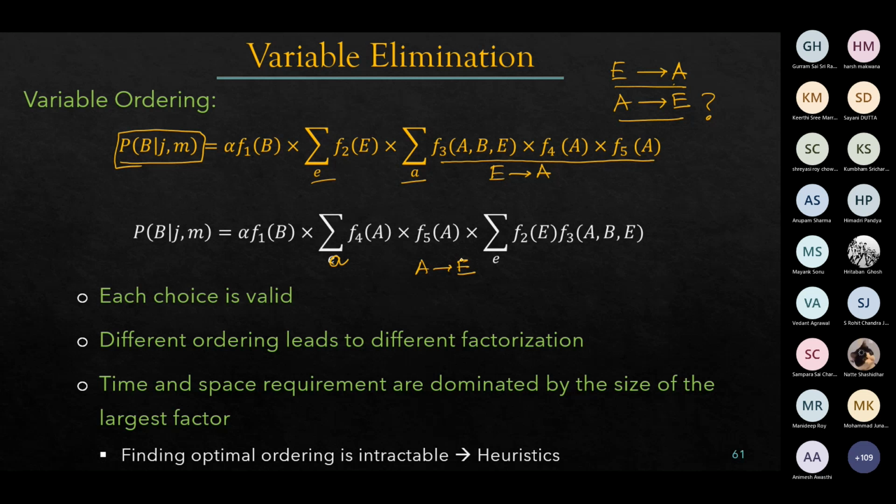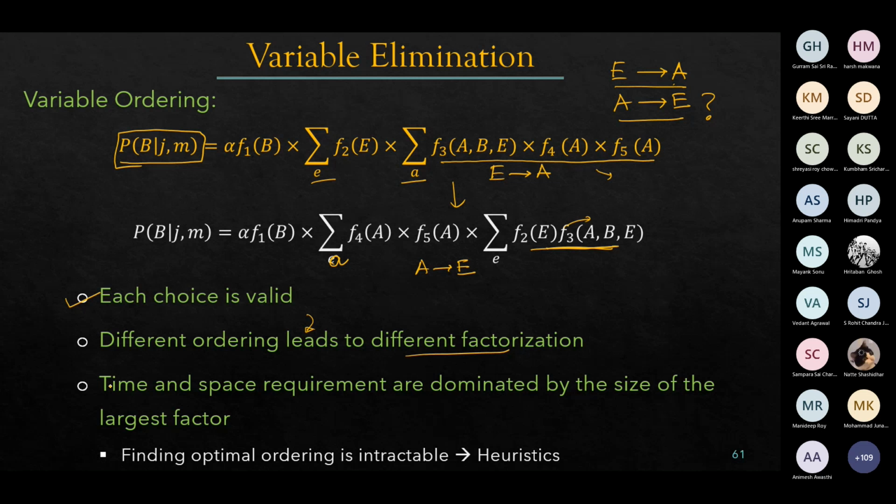But when we go with A followed by E, we are computing only a product of two factors, right? But the first point that I would like to highlight is that each of these ordering choices is valid. But what will different ordering choices lead us to? It will lead us to different factorizations. As we can see here, we have a different factorization than this, right?